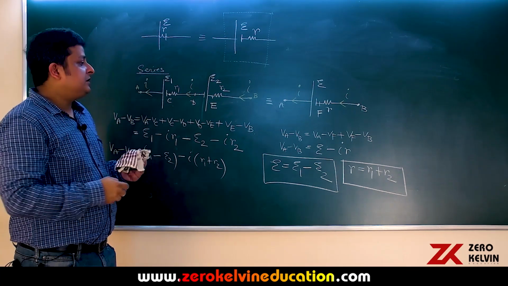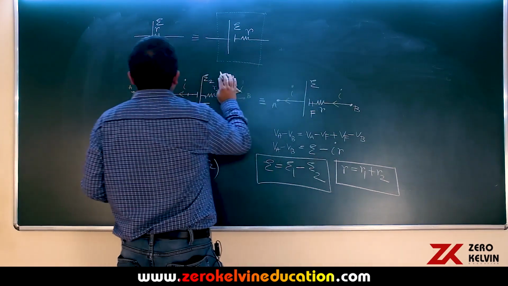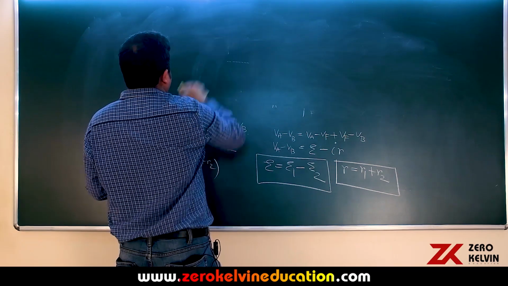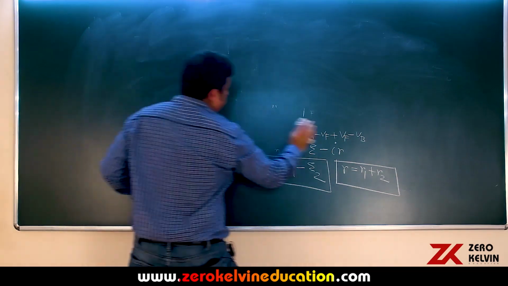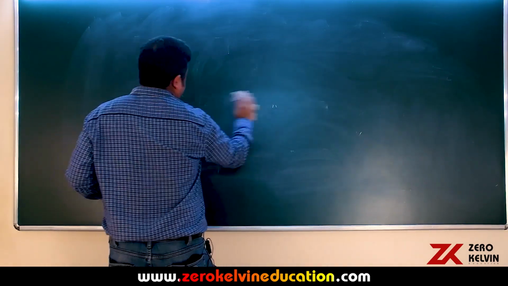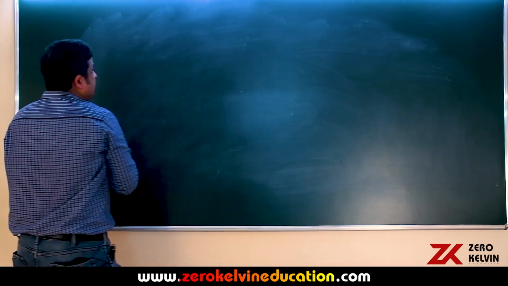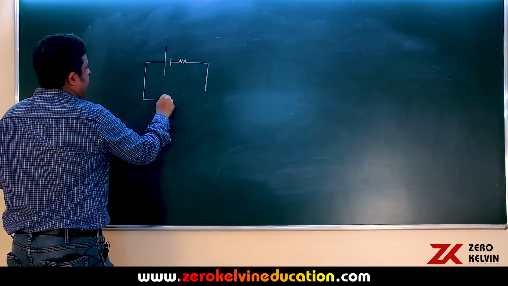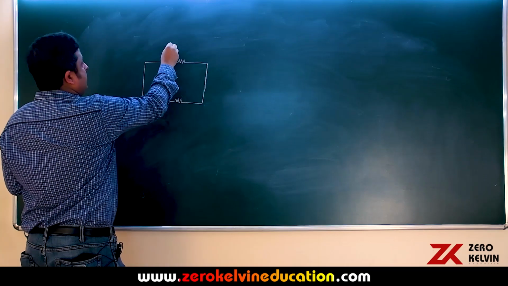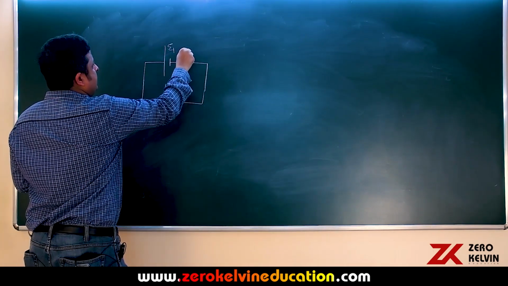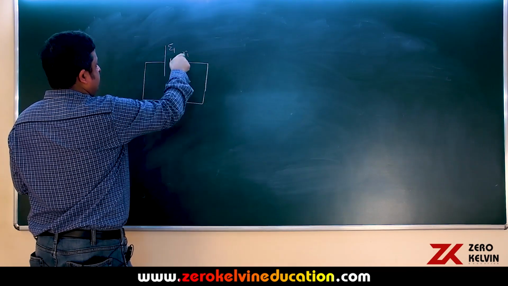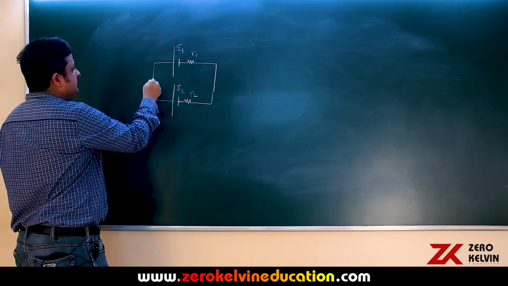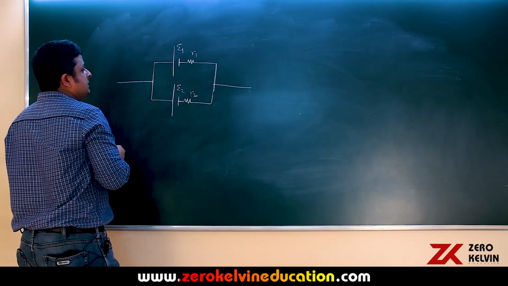Now, we will deal with parallel combination of cells. Here, 2 cells having EMFs E1 and E2 and resistances R1 and R2 are combined so that you have such a circuit.